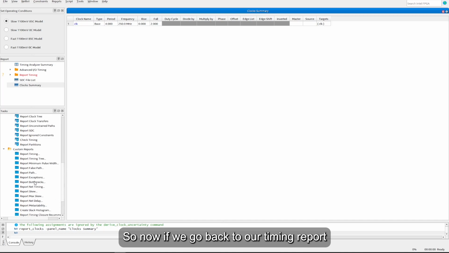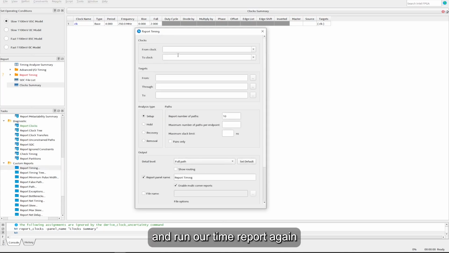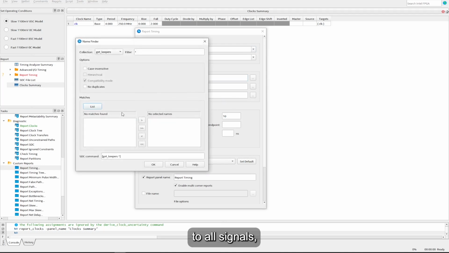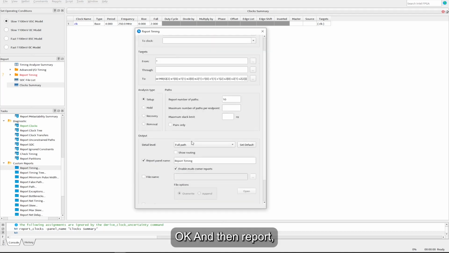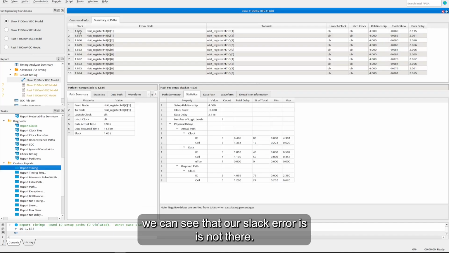So now if we go back to our timing report and run our timing report again, to all signals, okay, and then report, we can see that our slack error is not there.